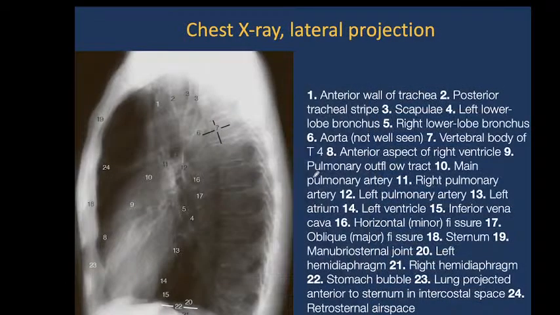in the lungs. Here is a lateral projection of chest X-ray examination. We also see the heart here and different parts of the heart, and we see the upper part of the lungs and the inferior lobes of the lungs.